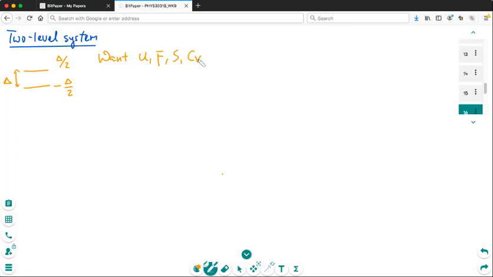Please appreciate this statement. I can have a two-level system. I want to know the two-level system. What I really want is this delta, which is the energy spacing. So suppose I suspect that I have a two-level system, and from your data, I can extract the separation between them.